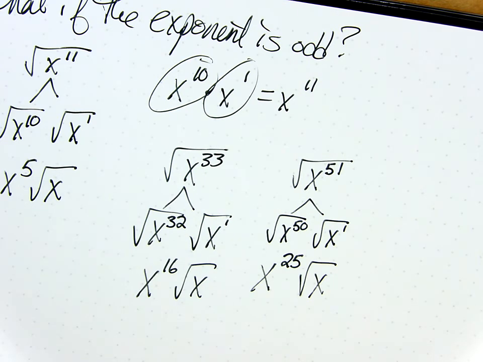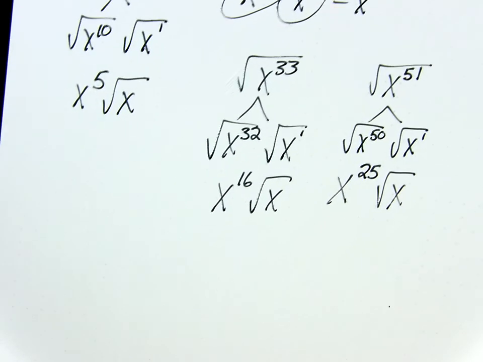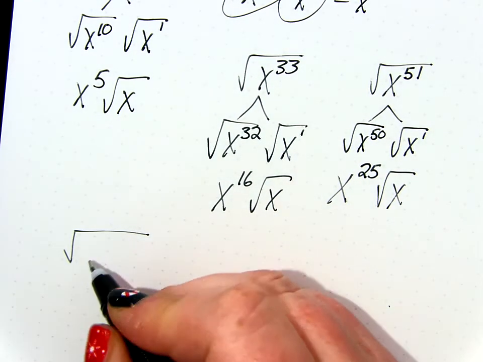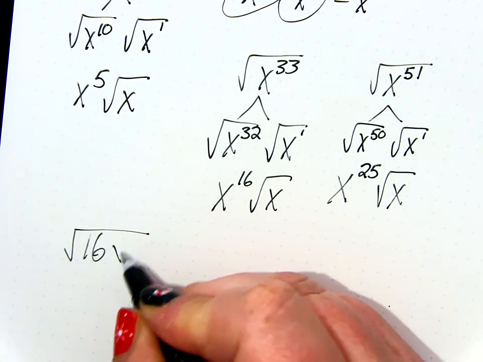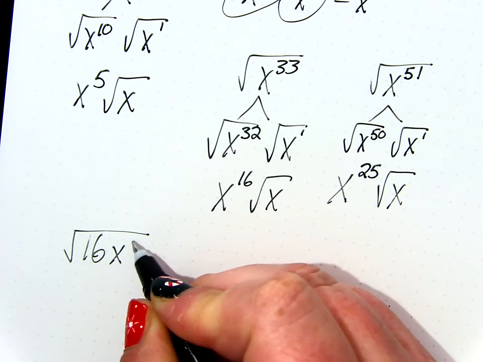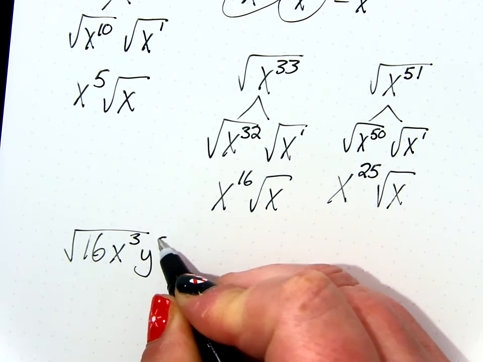Okay. So let's try putting these together again. Say I had the square root of 16 x to the, how about just third, y to the 8th.